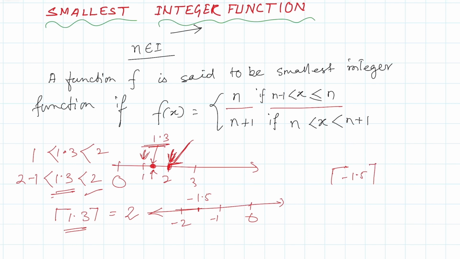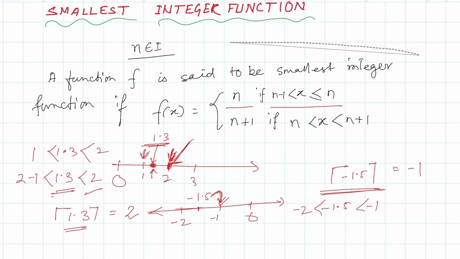Here you see minus 1.5 is less than minus 1 and greater than minus 2. So it must be equal to minus 1. So you have to take the smallest integer on the right hand side, because it is a smallest integer function.